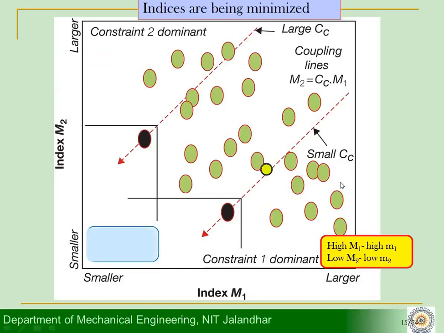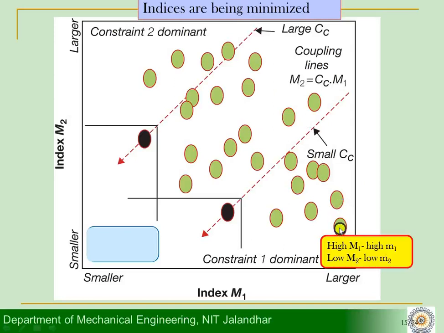So the solutions which are available here, let us say this solution here, it has a high value of index M1, and that is why the mass given by this index will also be very high, because we have to minimize the index. The mass will be minimized if the index is minimized.